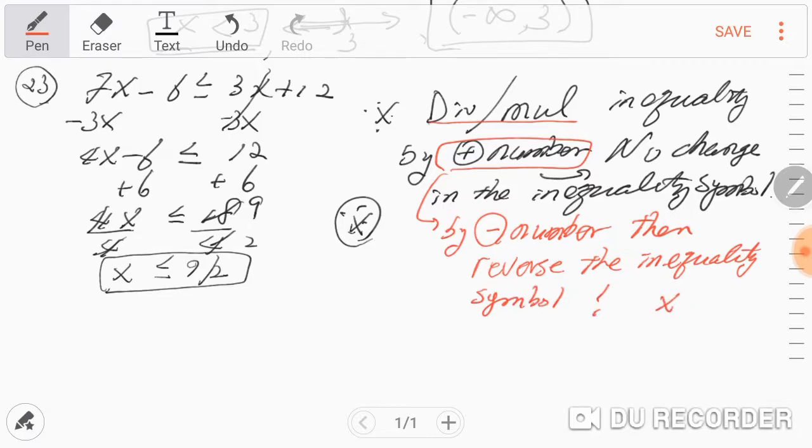This is really, really important. Reverse the inequality symbol.